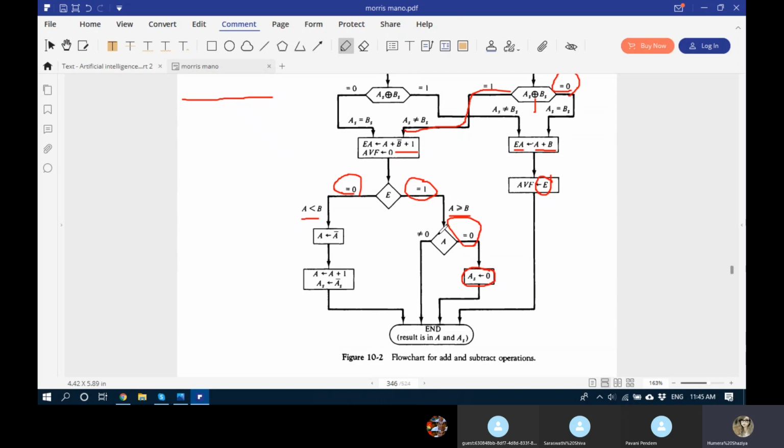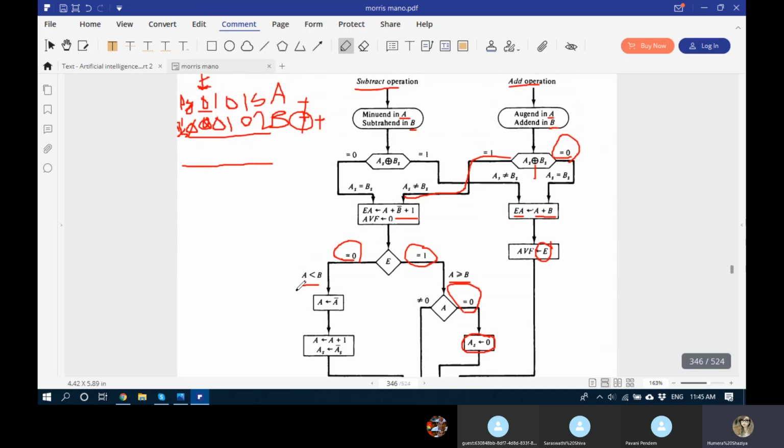If A is not equal to 0, then you get the result, that is the difference, in A and AS. In AS you will have the sign of A, because A is greater than B here. So here you get the sign of the result also 0, means positive.